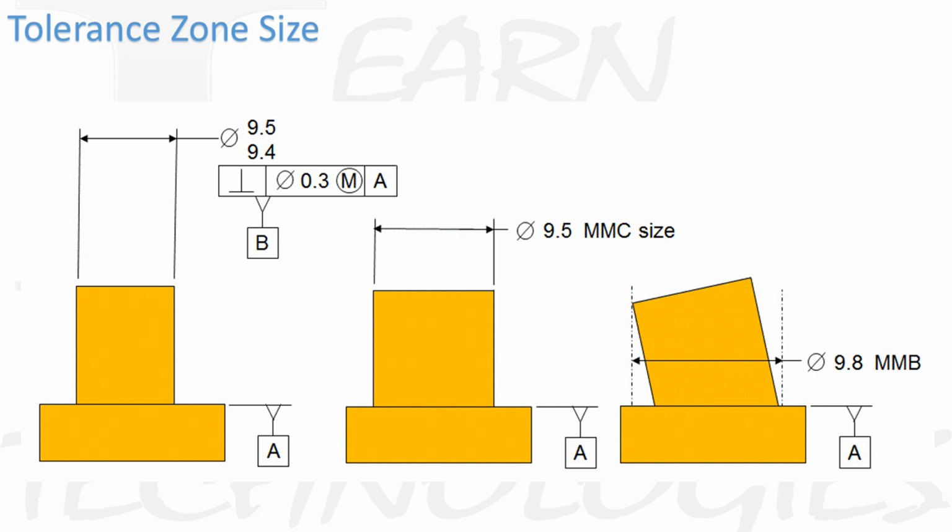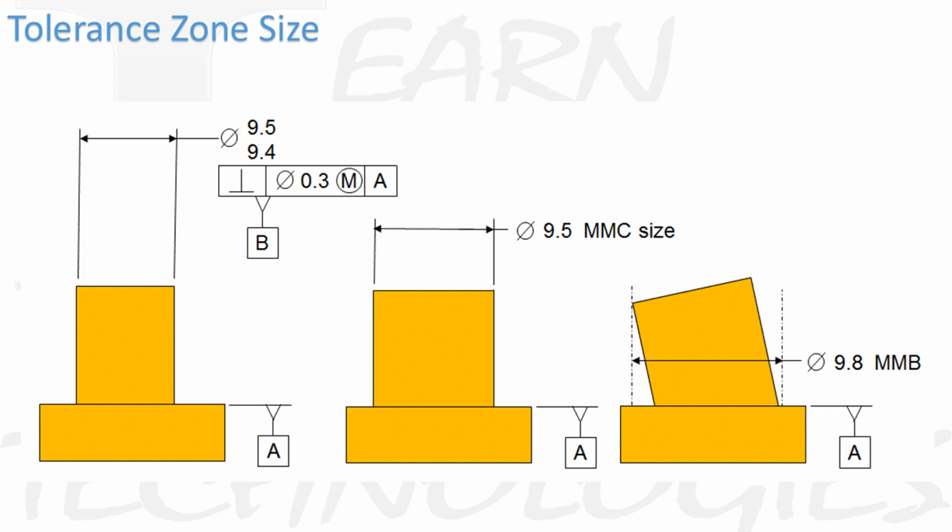Based on this, if it is 9.4 it will insert perfectly, if it is 9.5 it will insert perfectly, and if it is 9.8 it will still insert perfectly, even if it has any slopes or the like. So this is the main thing we mention in the tolerancing box. This is the simple thing we can see now. In future we can see it elaborately.